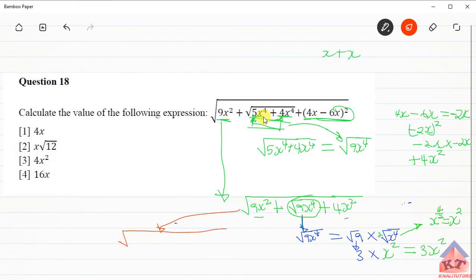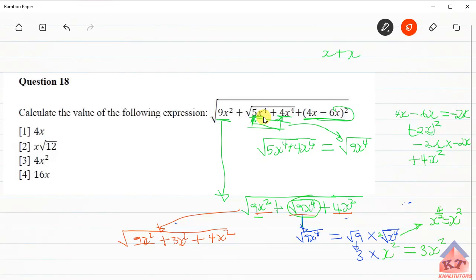We haven't changed anything with regards to this one, but we have already changed something with regards to this one, and this one is untouched now. So we'd have 9x squared plus this one gave us 3x squared, plus 4x squared.